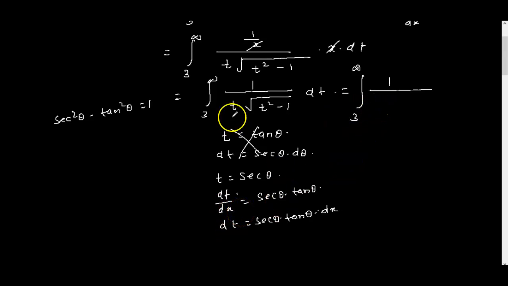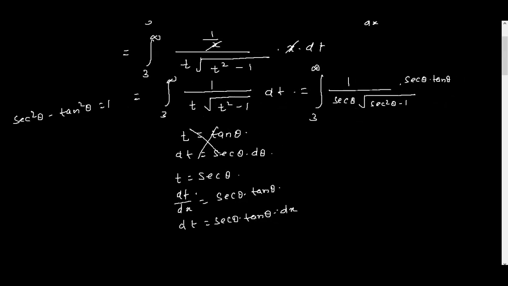So I'll substitute here. t is equal to sec theta, so I'll write this as the square root of secant square theta minus 1, and in place of dt I can write secant theta into tan theta d theta. Okay, this is theta actually.